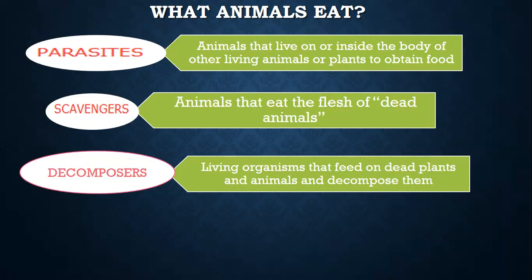Scavengers eat dead animals and break down the organic material into smaller particles. After this, the work of decomposers starts. They consume these small particles and keep the earth clean. So both are famous for keeping the earth clean.